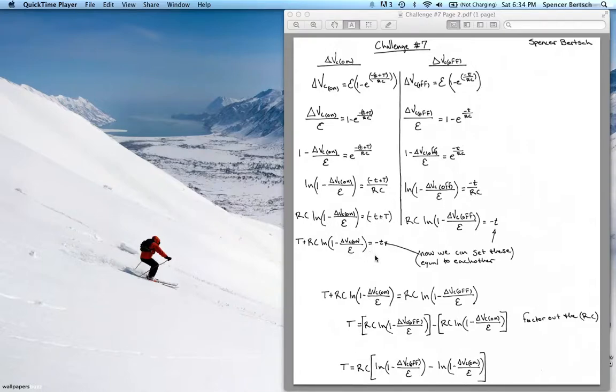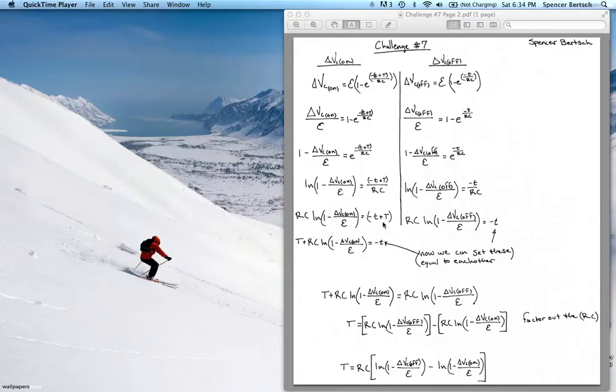There was one more step on this side. Remember this is negative, so that should be negative (t plus T). This negative should be outside the parentheses because both of these are technically negative, not just the first t. So I added this T to both sides to get t plus RC natural log of this equals negative T. So then you have negative T equals a thing, and negative T equals a thing.